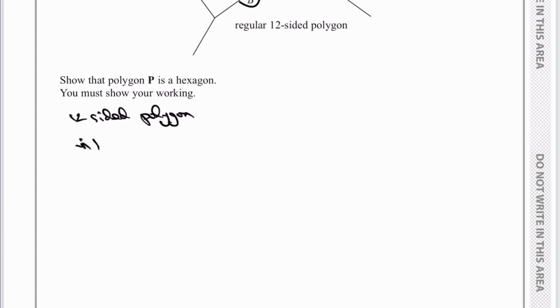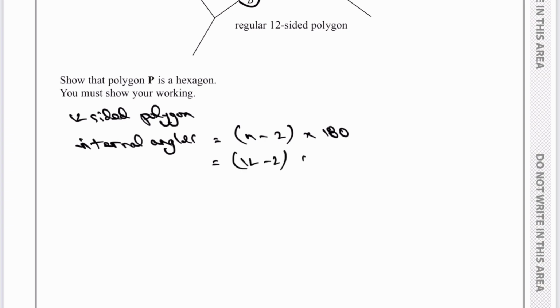So the internal angles, rather, is going to equal, and the formula is n minus 2 multiplied by 180, where n is the number of sides. So therefore number of sides is 12, so 12 minus 2 times 180, well that's 10 times 180, which is going to be 1800.